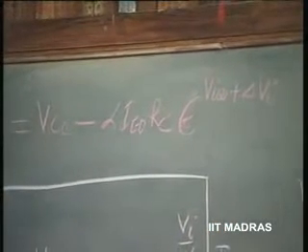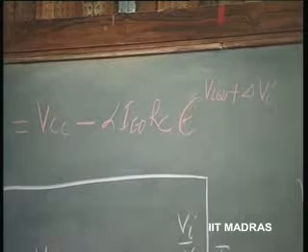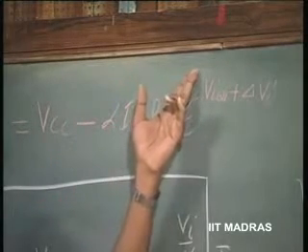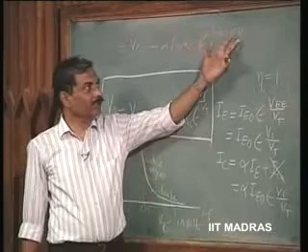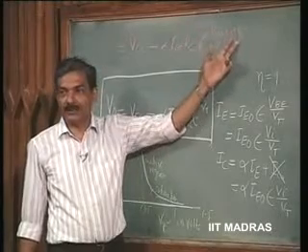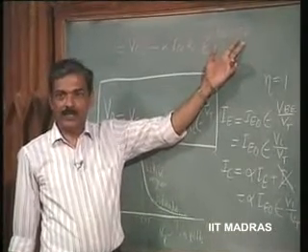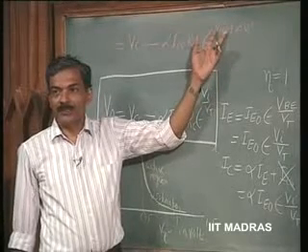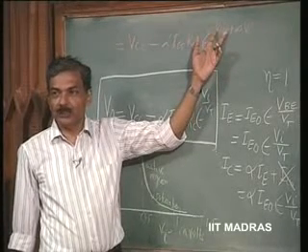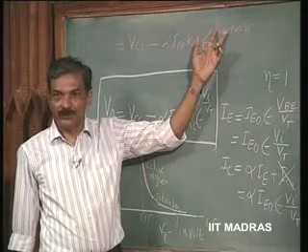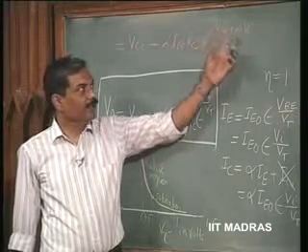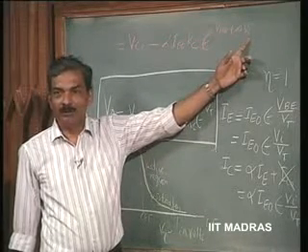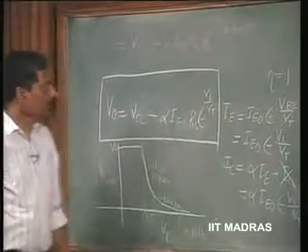That means I am changing the voltage by a small amount around a quiescent voltage. Why is this being done? Because this voltage can be increased or decreased. So I can apply an AC input by maintaining the emitter base junction at a quiescent voltage of VIQ. This effective voltage should always be of the order of 0.5 to 0.6.